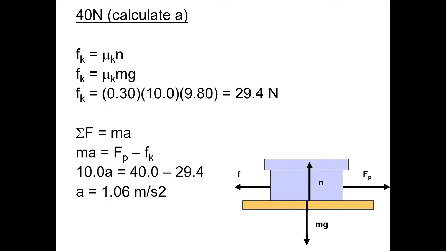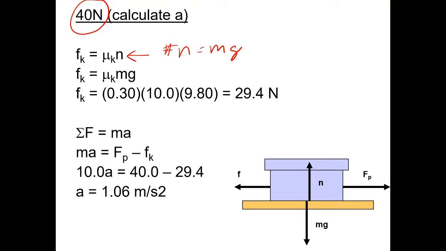So let's calculate the acceleration. If we pull with 40 newtons, then it's going to move. So the kinetic friction is mu k times the normal, and we said normal equals mg. We could even just make a little comment over here so we remember that.